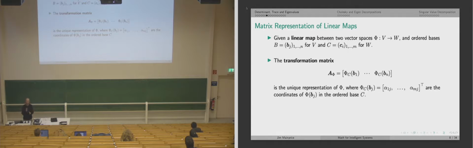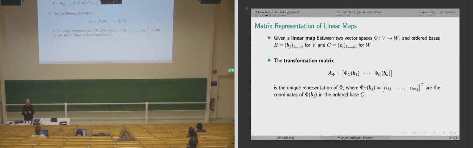Each of the column vectors of that matrix is defined by the coordinates of the basis vectors of the original vector space, V, in the basis for W. So in the case of these rotation matrices, we said, okay, we are in R2 and we are mapping to R2 and we're looking at the same basis, E1, E2. We're just looking at the coordinates of the rotated vectors E1 and E2, but with respect to themselves, E1 and E2.